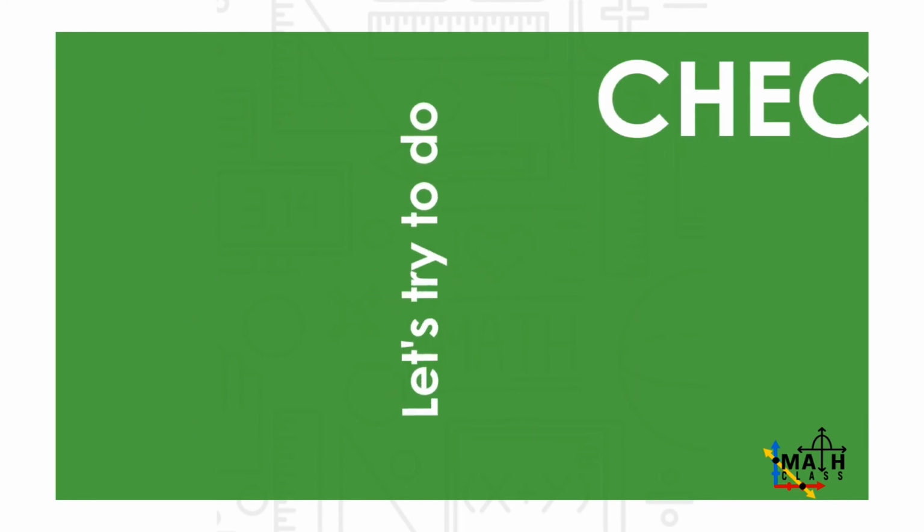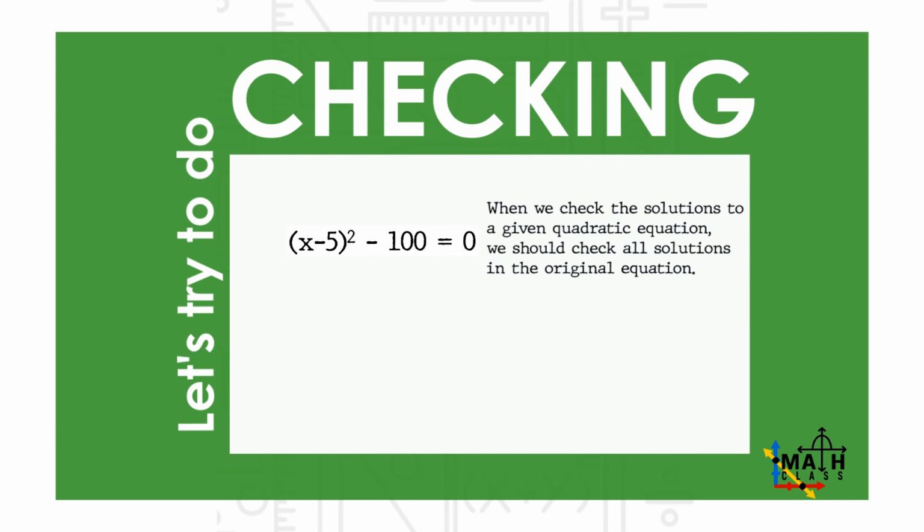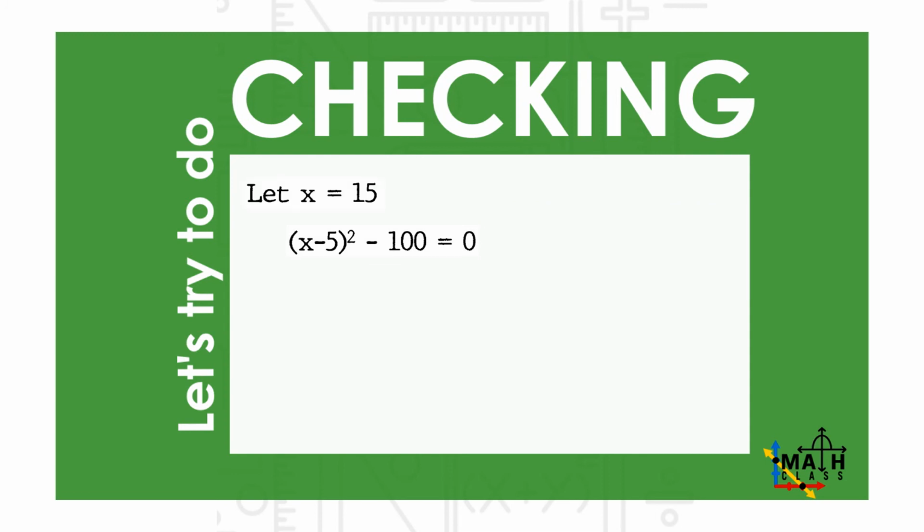Let's try to do checking, to evaluate our solutions. When we check the solutions to a given quadratic equation, we should check all solutions in the original equation. Let x be equal to 15. And substitute the obtained value of the variable x. Then evaluate.